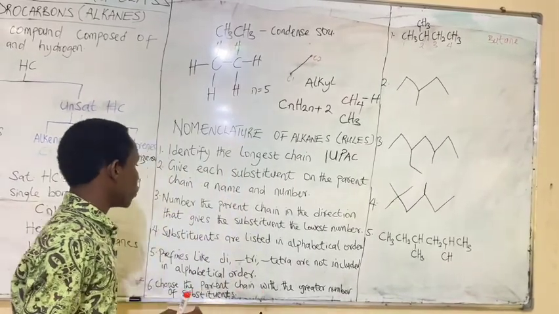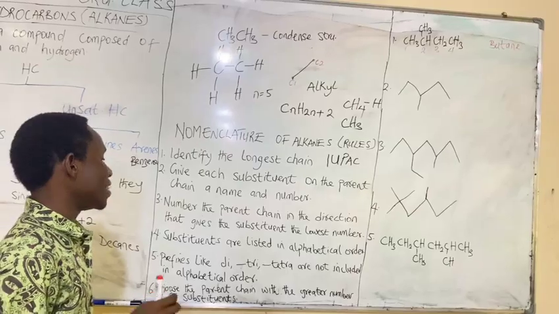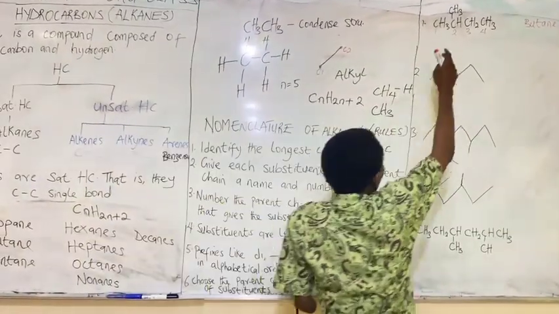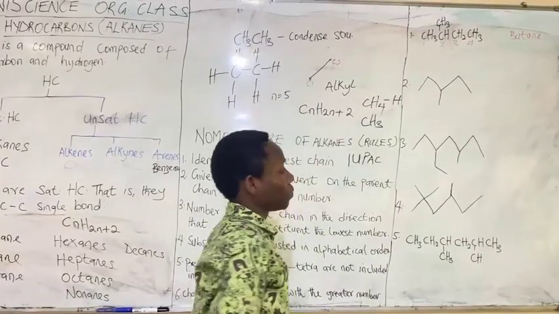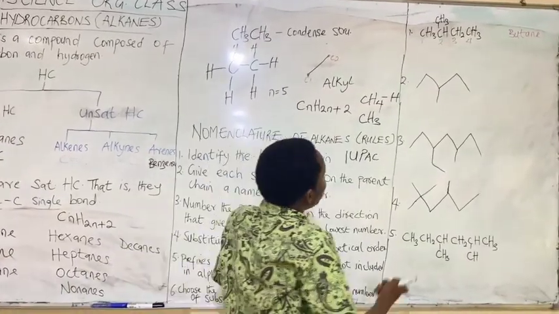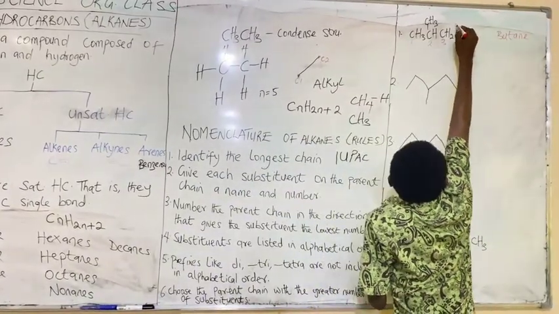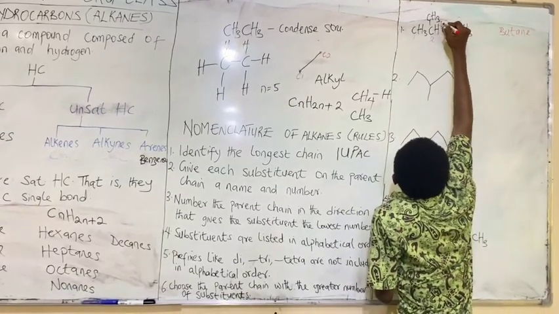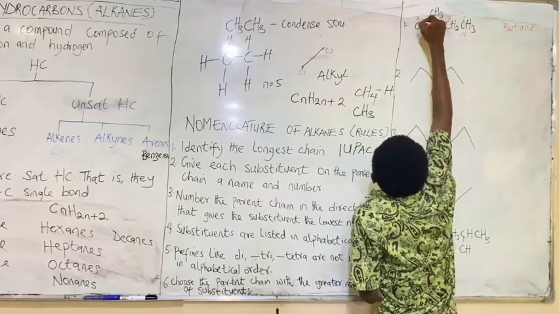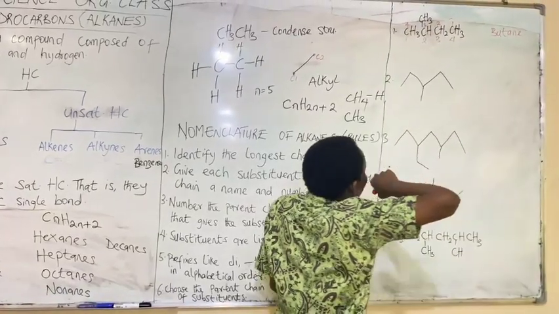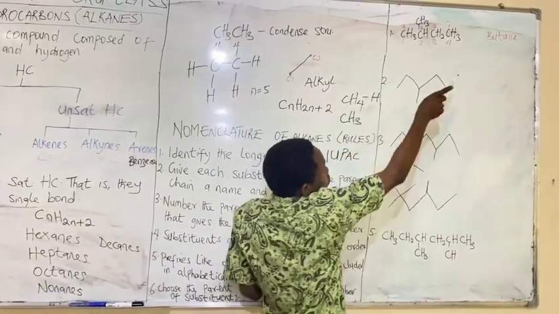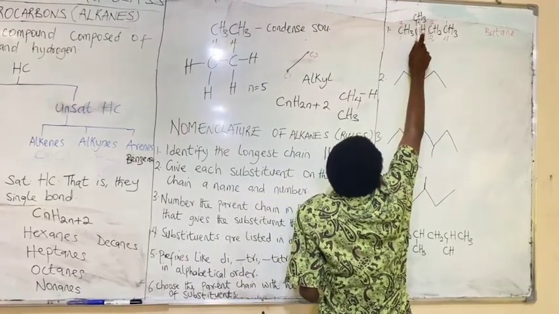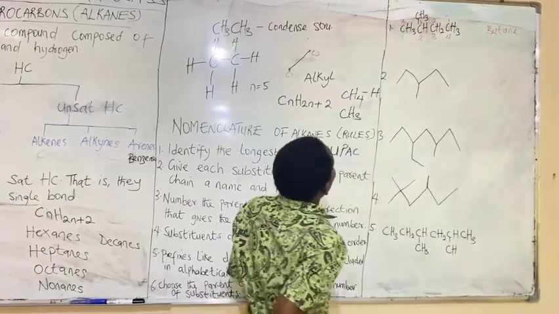Now we are going to number the parent chain in the direction that will give the substituent we are seeing here the lowest number. Therefore, if you number this way, 1, 2, 3, and 4, numbering it on the right hand side, our substituent, the methyl group, will be on carbon 3.